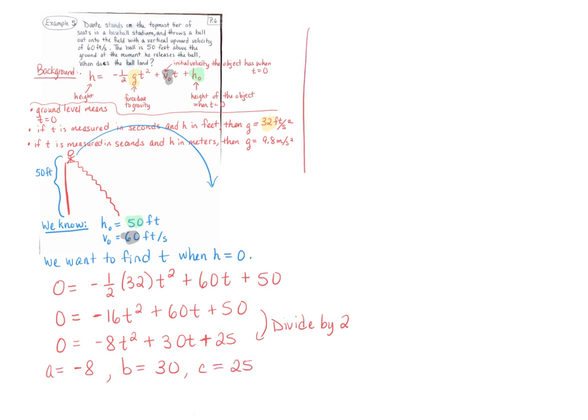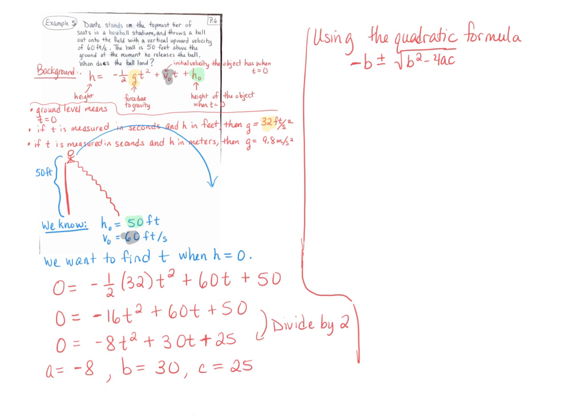So now let's use the quadratic formula. Remember it's -b plus or minus the square root of b squared minus 4ac, all of that over 2a. Our variable here that we're finding is t, so that's what we're going to call it.